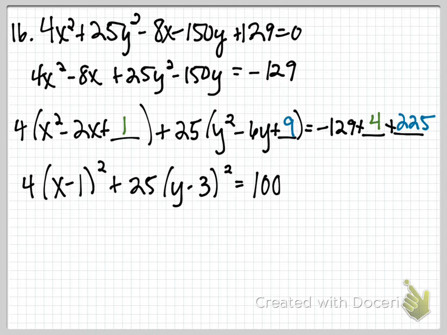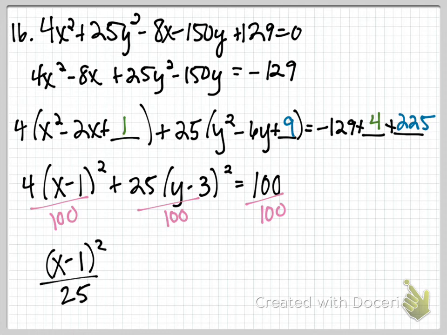And then in order to get the equation in standard form, we are going to divide by the number that's on the right, and then we will simplify our fractions. So we get x minus 1 squared over 25 plus y minus 3 squared over 4 equals 1. And that's the equation in standard form.